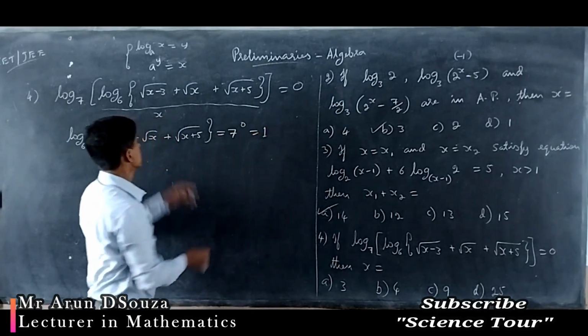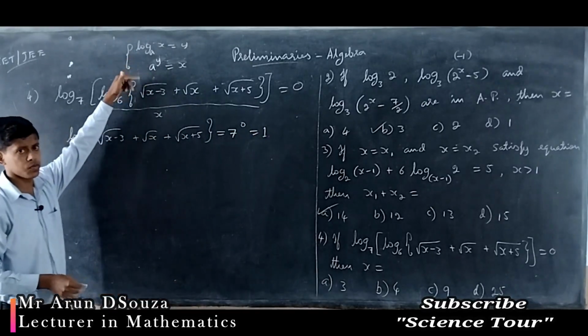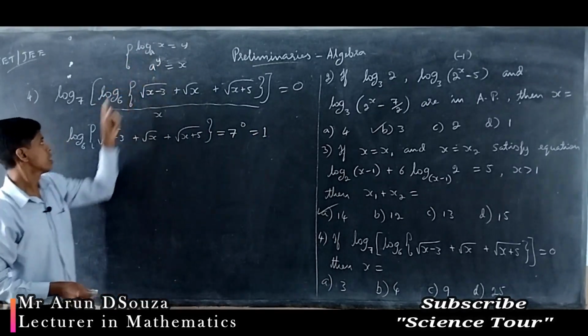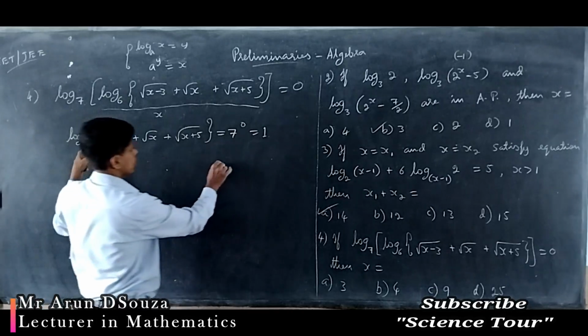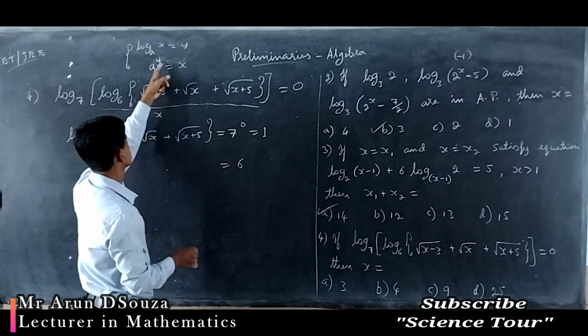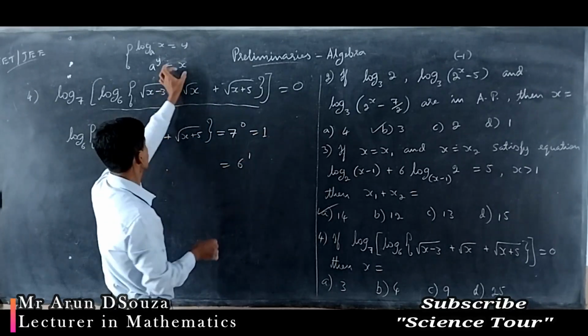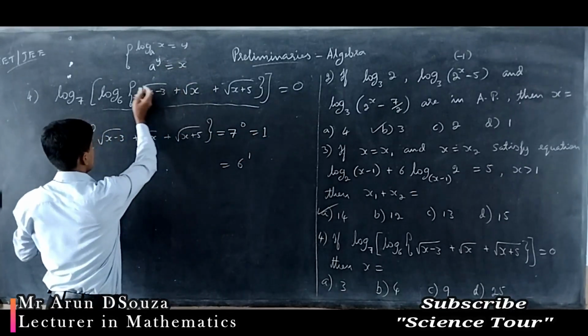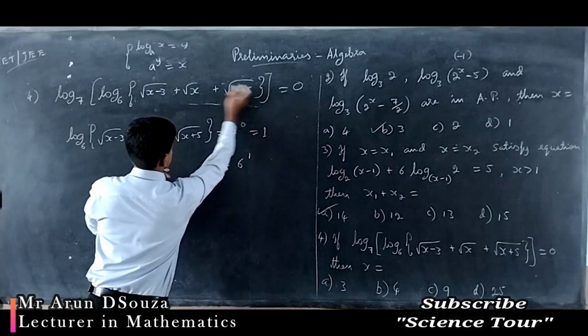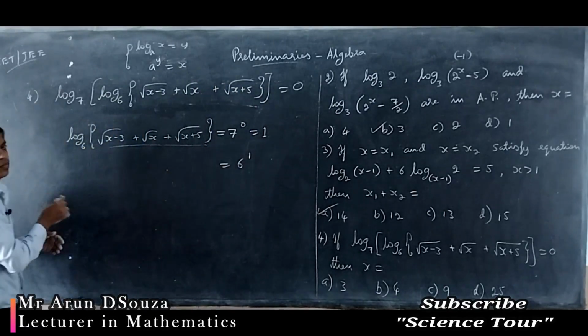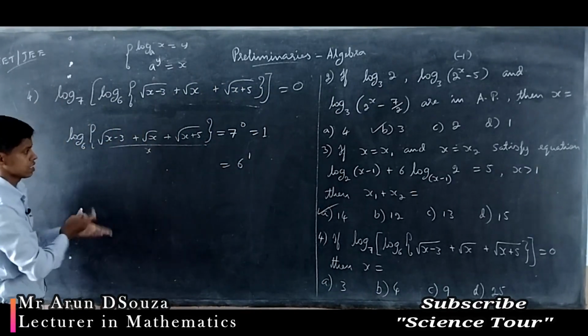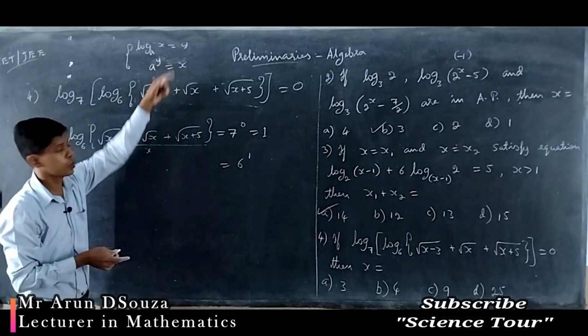Once again, use the same conversion rules. Now in place of a, I have got 6, and in place of y, I have got 1. And what is x? So now for me, x is this. So x is equal to a to the power y.